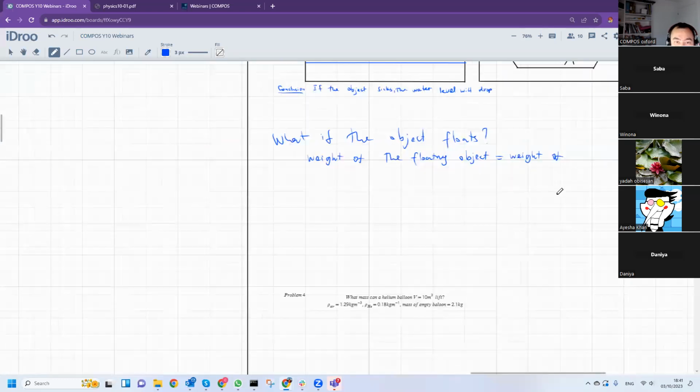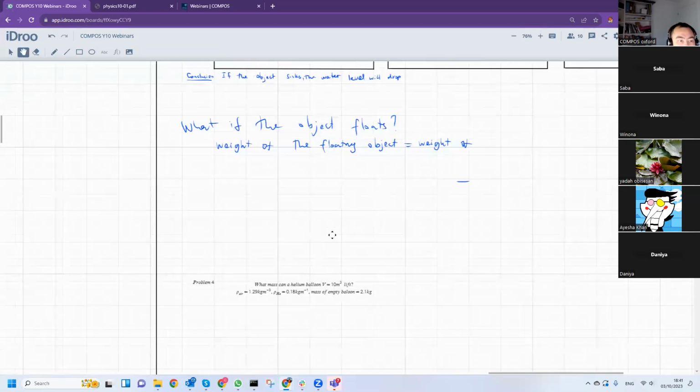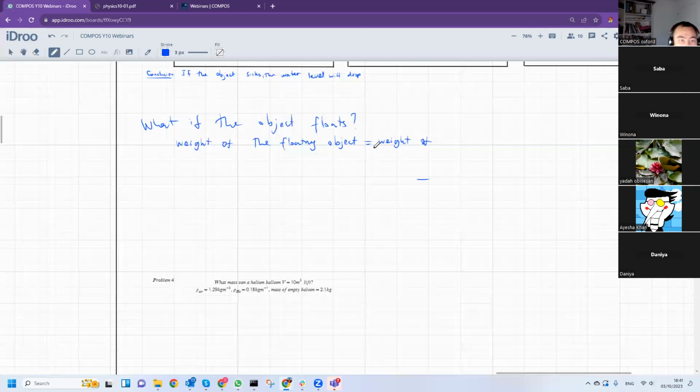This is the Archimedes principle. Weight of the floating object equals weight of the displaced water. And that is important.